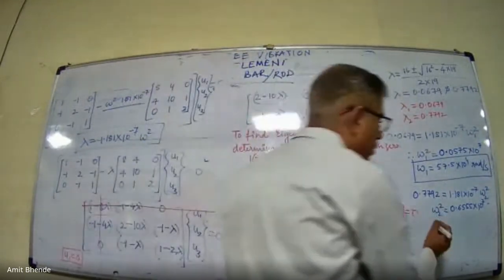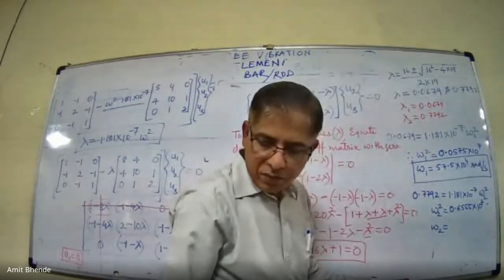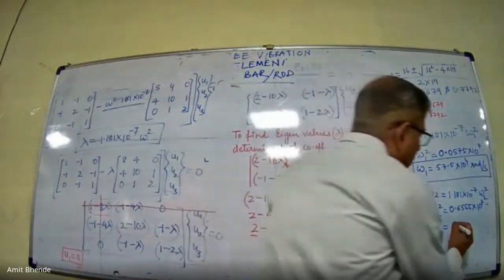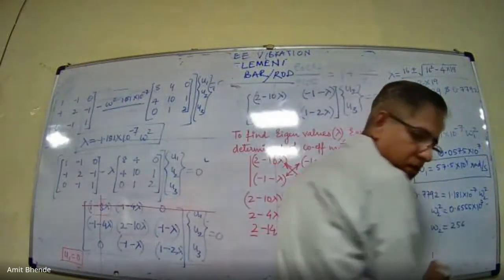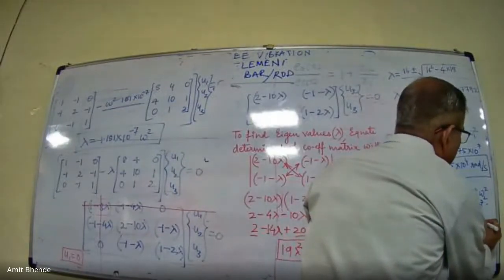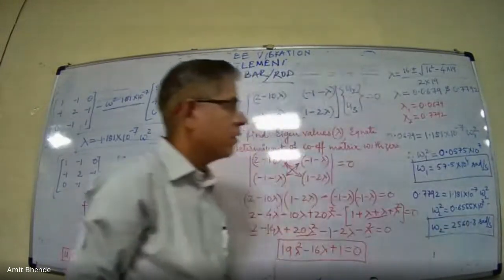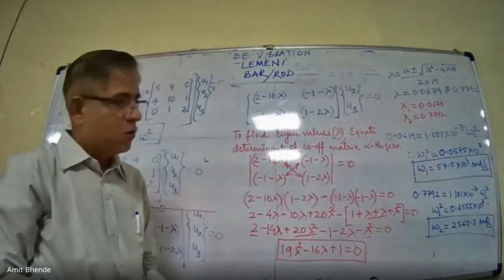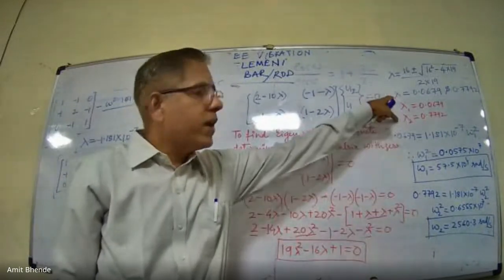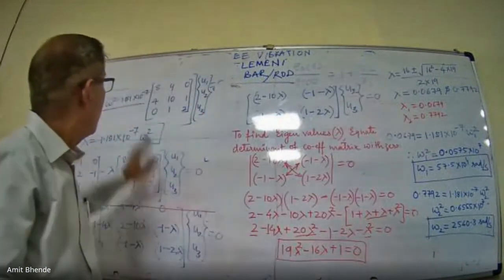Okay. And the square root of it will come 2560.3 radian per second. So these are the two eigenfrequencies and these are the two eigenvalues of the problem that we are solving.